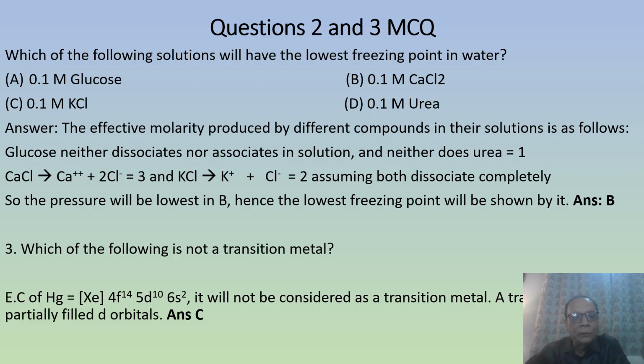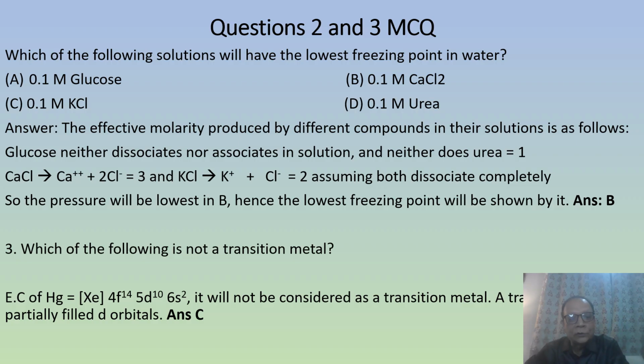So the vapor pressure will be lowest in B, that is CaCl2, and since freezing point is a function of pressure, the lowest freezing point will be shown by calcium chloride. The answer is B.